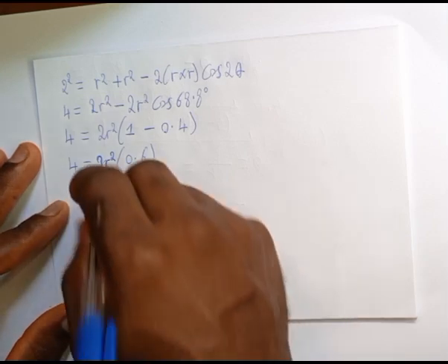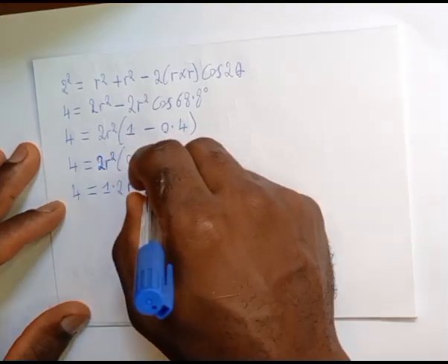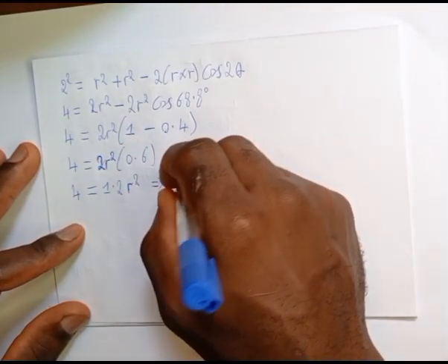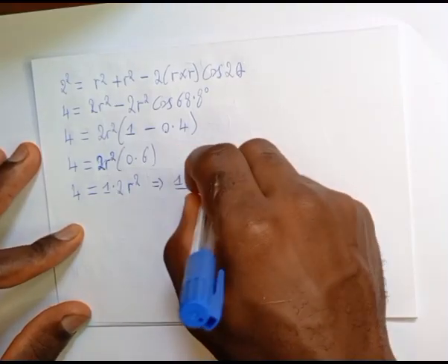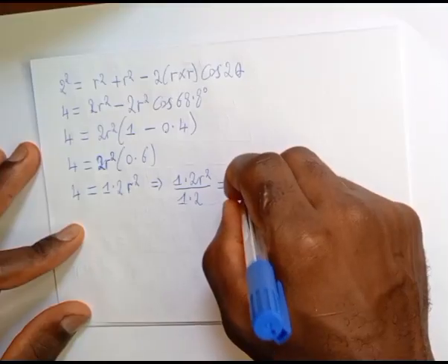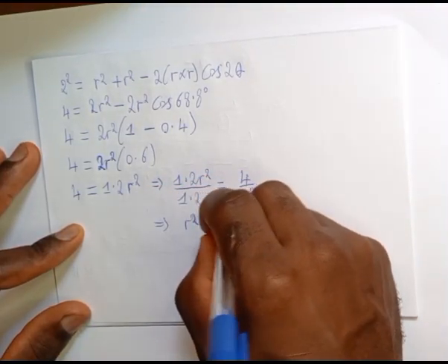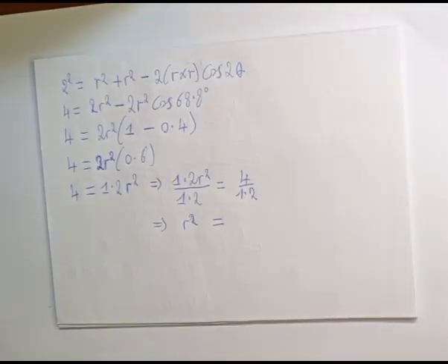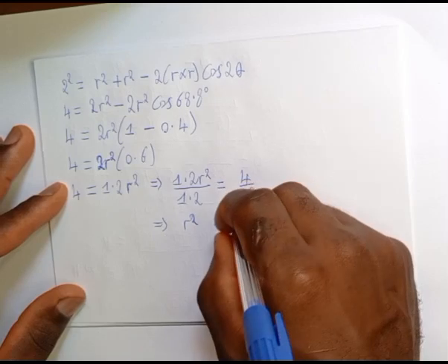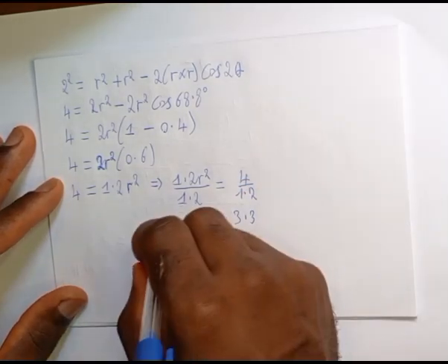2 times 0.6 gives us 1.2 r squared. Then if we divide all through by 1.2, 1.2 r squared divided by 1.2 will simply be equal to 4 divided by 1.2. Then r squared will be equal to 4 divided by 1.2. It gives us 3.3 to 1 decimal place.